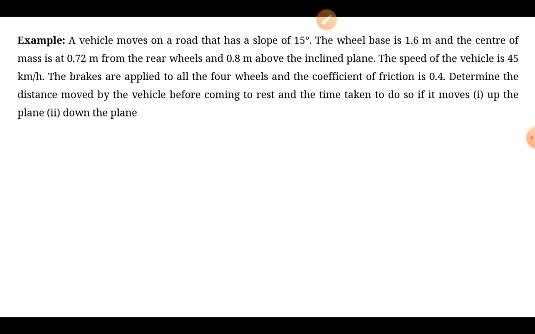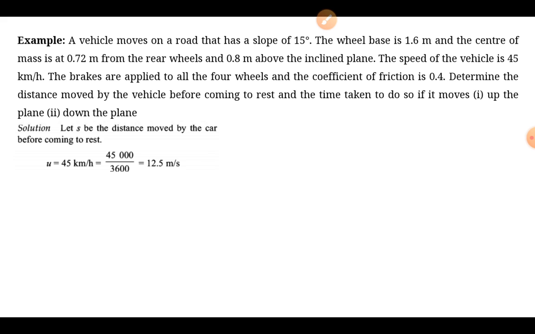So that gives you the value of retardation as 6.33 meters per second squared. We are assuming that retardation is uniform, meaning the same retardation is applied for the time until it comes to rest.